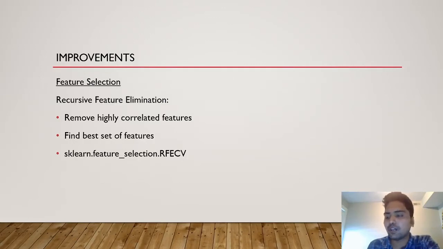The same way you can try removing all the other features which you think are not useful, and the combination of features which gives you the best accuracy will be chosen. So it's nothing but just trial and error. You try to remove one feature, you try out with 13 features, with 12 features, with 11 features, and then you finally fix that having these 10 features gives you the best accuracy.